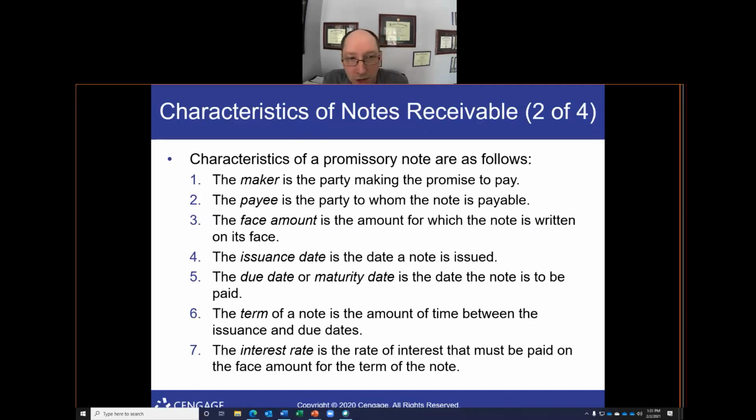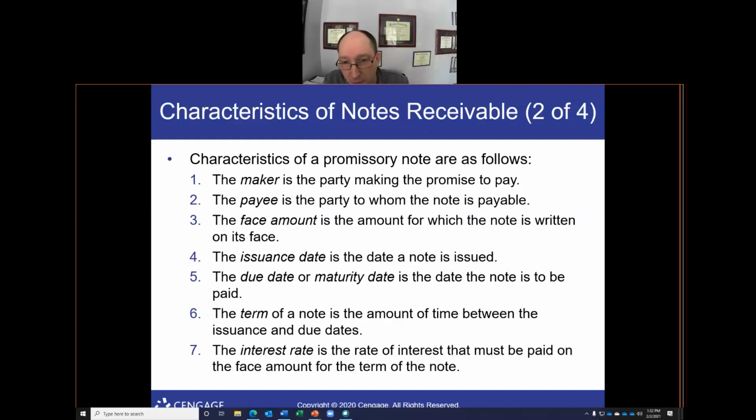On that loan, you're going to have the maker, the payee, face amount, issuance date, maturity date, the term, and the interest rate. These are all factors of a loan. The maker is the party making the promise to pay. The payee is who is owed the money.